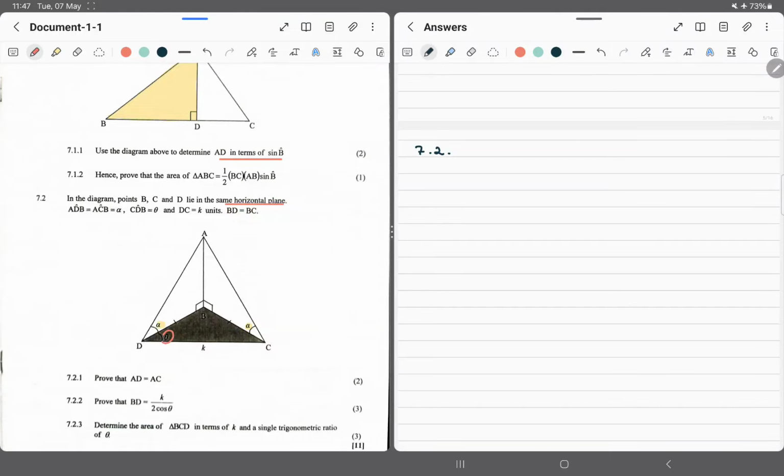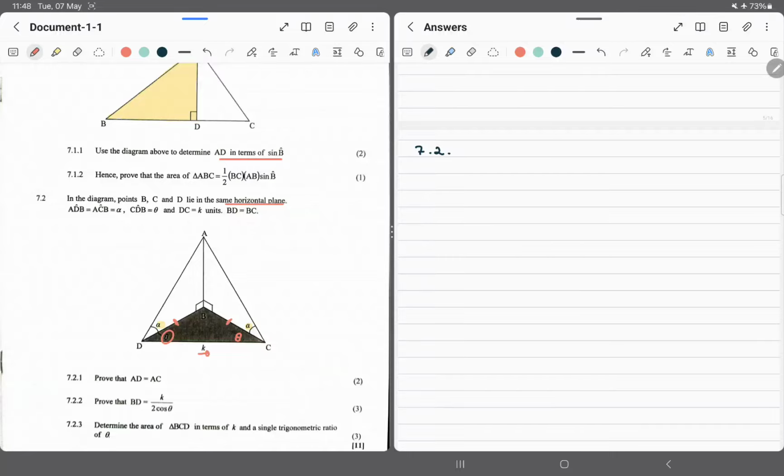So there's our angle theta right there. And DC is equal to K units. Okay. BD is equal to BC, meaning this is an isosceles triangle, and that means if that is theta, that angle should also be equal to theta.